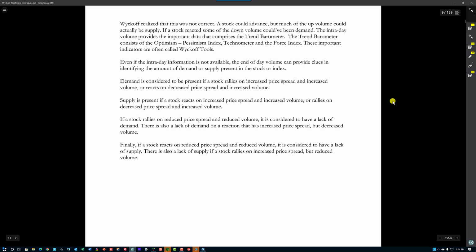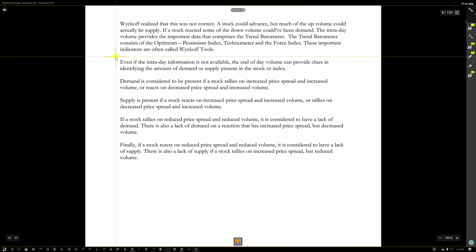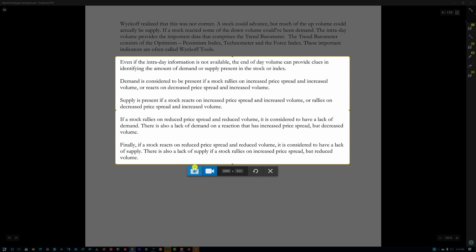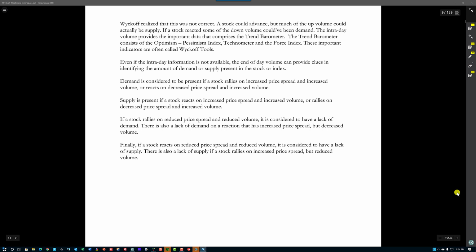if anybody wants this information, I don't need to make a snag it. You can just pause this and come back to this point and read this information.